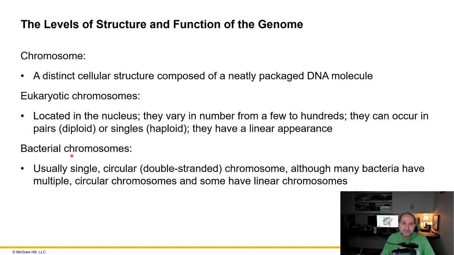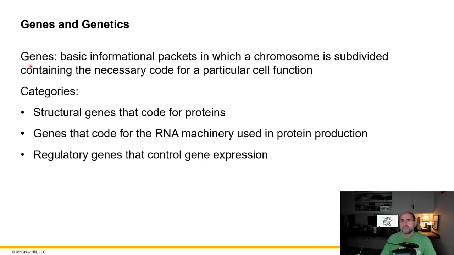Remember, again, bacterial chromosomes. Usually, bacteria have a single circularized double-strand DNA chromosome, but that's not always the case. But for the purposes of this lecture, we're going to be discussing bacterial chromosomes as a single circularized chromosome. And remember the difference between genes and chromosomes.